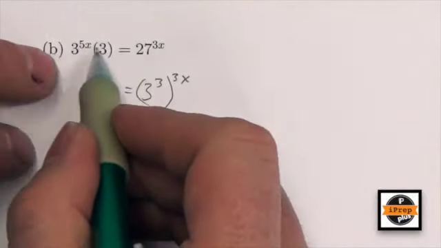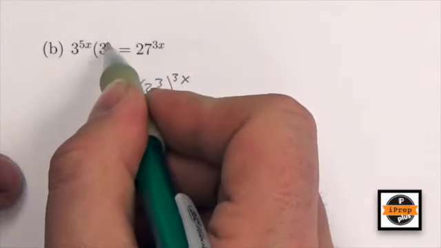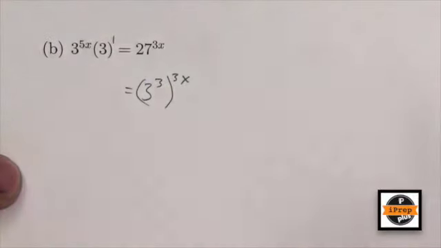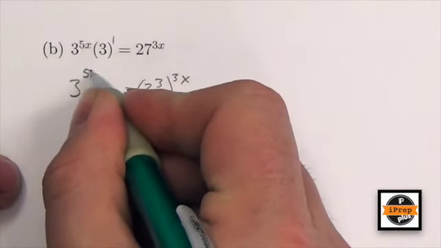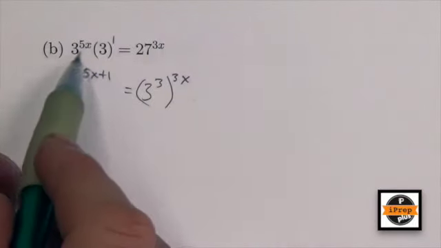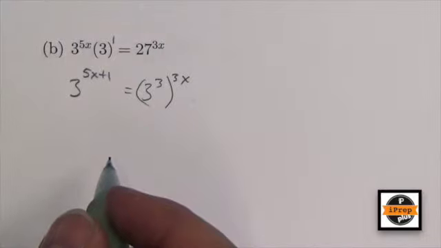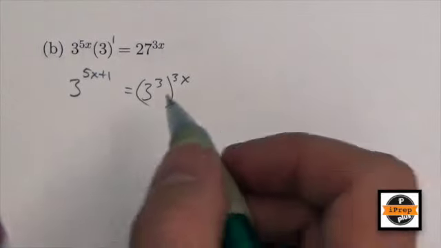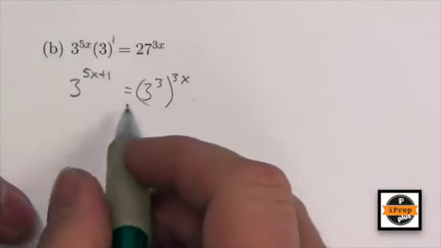In order to multiply these powers together, the base is the same. I just have to recognize that if the exponent isn't written, it's 1. And so when you multiply these together, you get 3 to the 5x plus 1. Okay, I don't multiply those bases together to get 9. That would be an inappropriate way to multiply those together. The way to multiply them is to add the exponents.